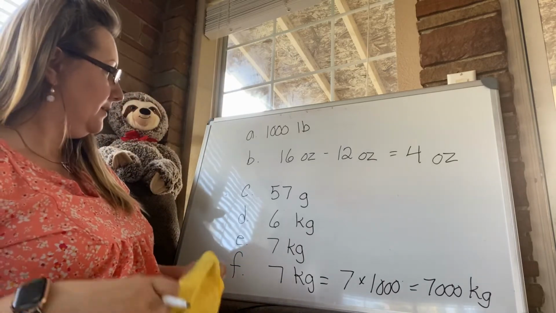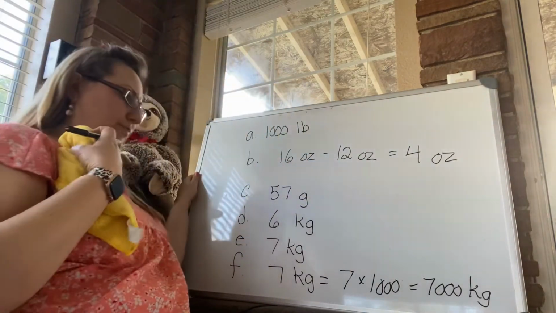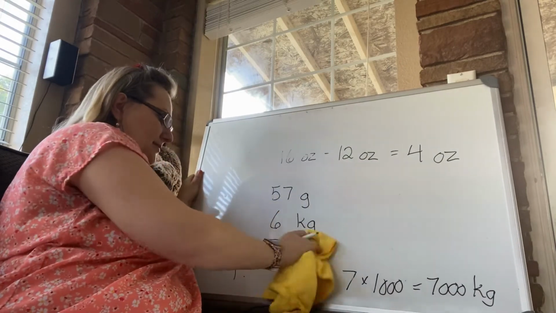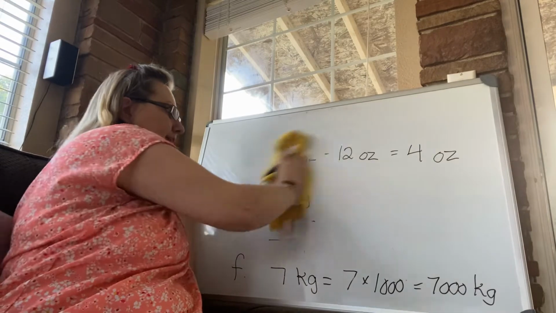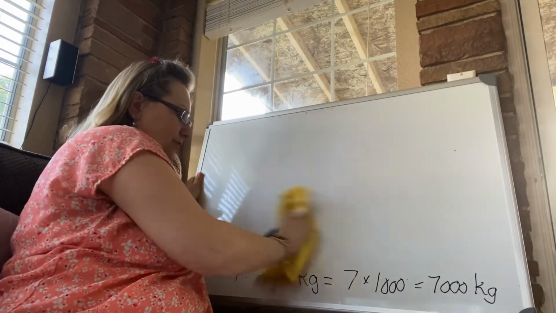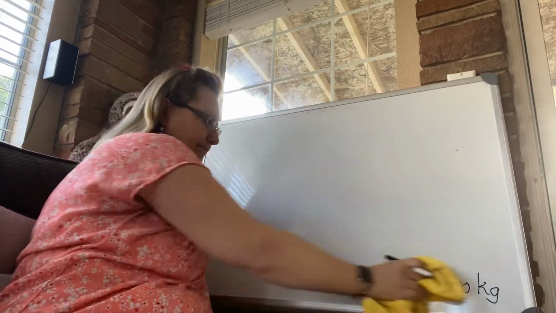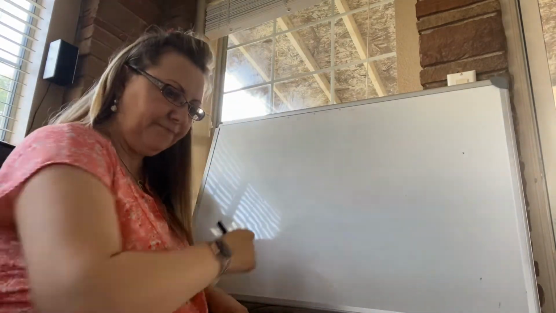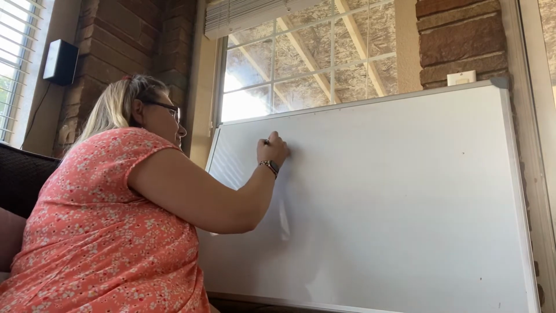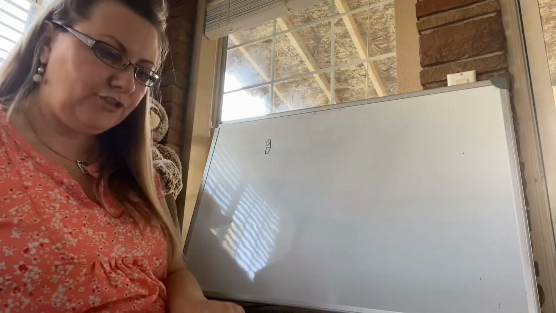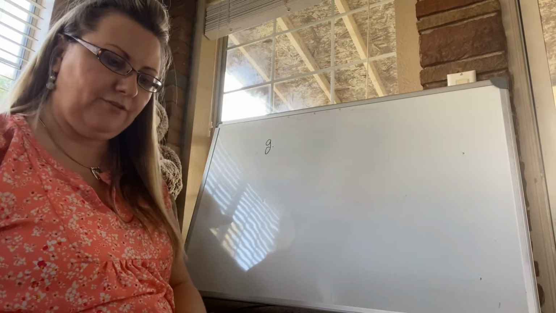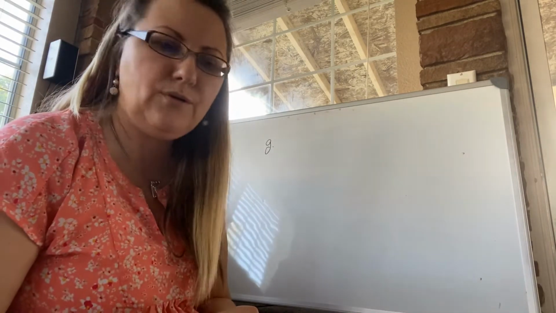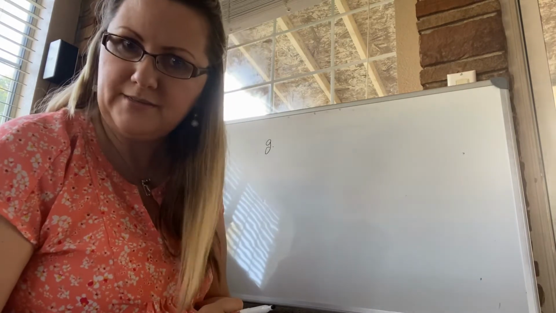Sorry about that. All right, which brings us back to the last part, letter G. I'm running out of room, so I'm going to erase all of this. Letter G asks us, which depends on the force of gravity? The mass of an object or the weight of an object?